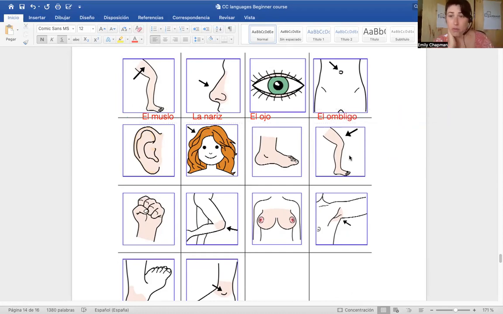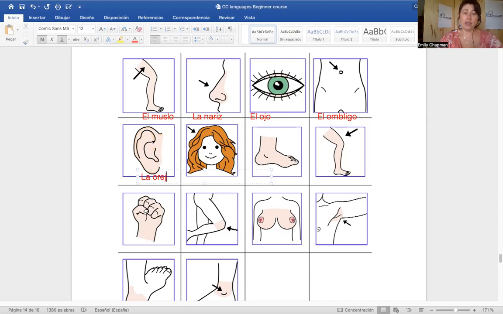I've left this so that you write them down yourself, just so you've kind of really got that practice of writing the word down next to the picture so that it starts to associate in your head as you're copying it out. Helps you memorize it. El ombligo. Ear, we've said before, la oreja or el oído.